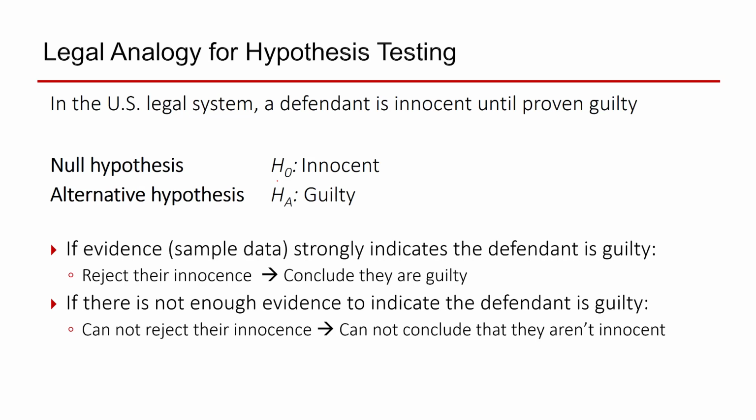So notice the subtlety there that's very important. We're not proving innocence. We're saying we can't reject their innocence. We cannot conclude that they aren't innocent. And this is exactly the way we're going to make our conclusions in hypothesis testing.